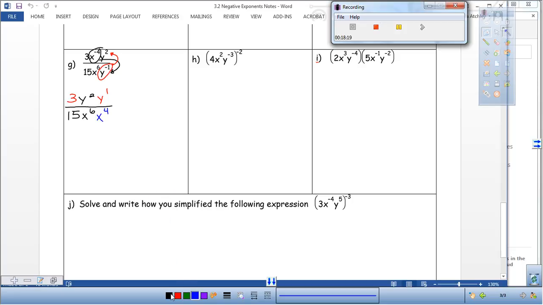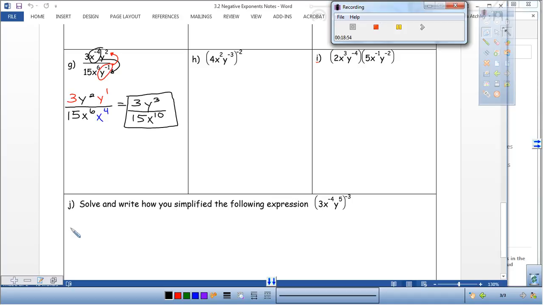Now we're going to simplify it further. Okay, it's going to be 3 y squared and y to the first is y to the third, divided by 15, x to the 6th and x to the 4th. We're adding their exponents, so we're going to get x to the 10th. Oopsie. Are we done yet?